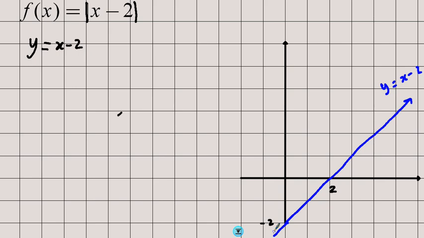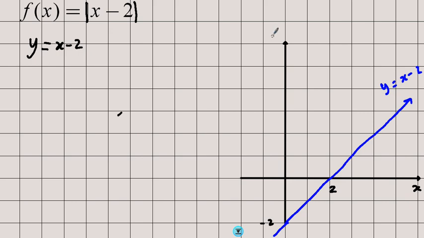Now, if you look at this line, this part lies below the x-axis. That means that the function takes negative values here. Those are not allowed in the absolute value function. So what we do is that we reflect this part in the x-axis. So let's just tidy things up.